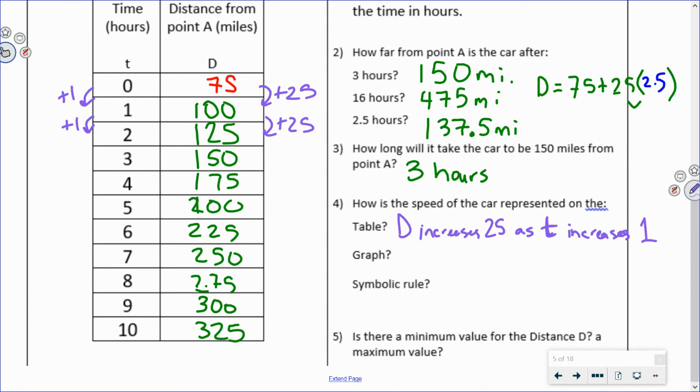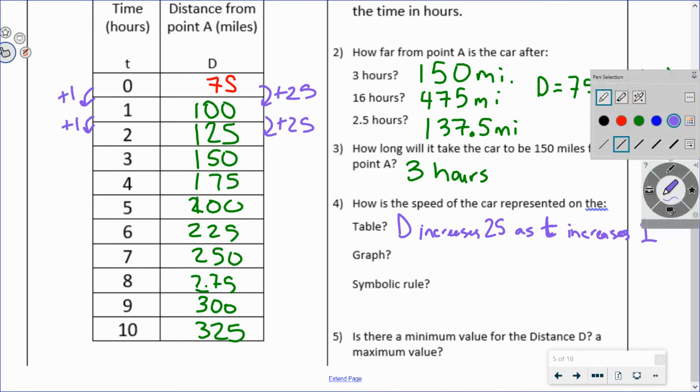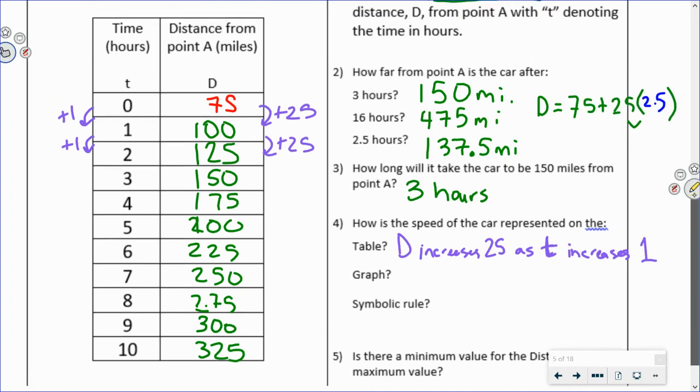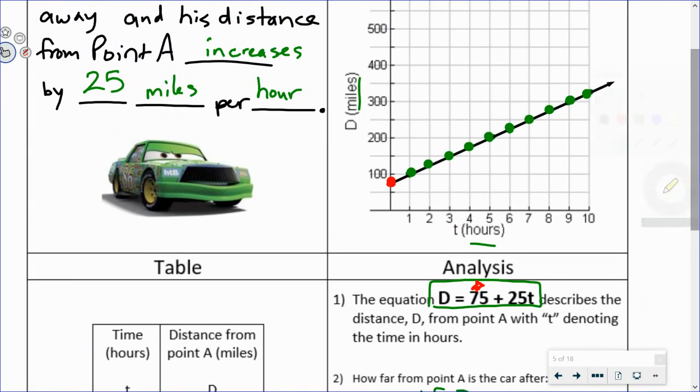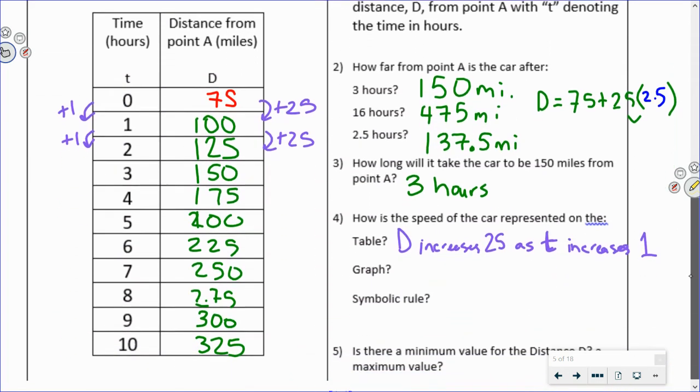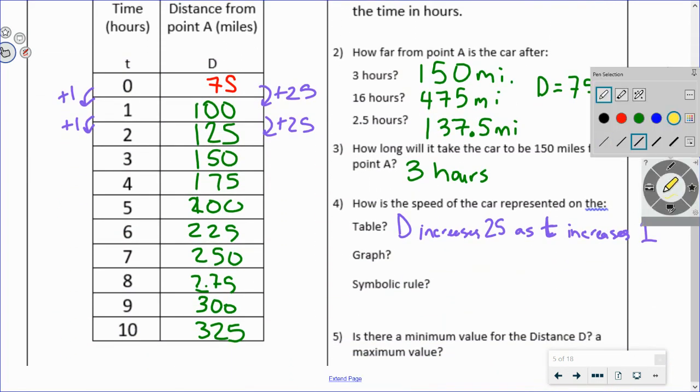All right, what about the graph? Well, if I recall, going back up here to that nice little graph, it does appear that it goes up 25 every 1 to the right, up 25, right 1. So let's go ahead and say that, shall we?